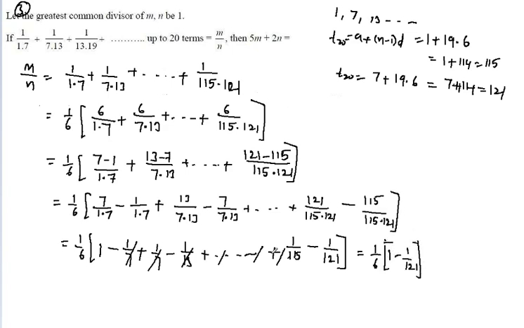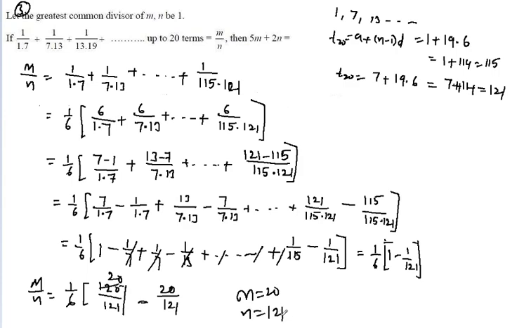Take the LCM. Therefore m/n is equal to 1/6 into (121 − 1)/121, that is 120/121. The 6 cancels 20 times, so that is equal to 20/121. Here the m value is 20 and the n value is 121.